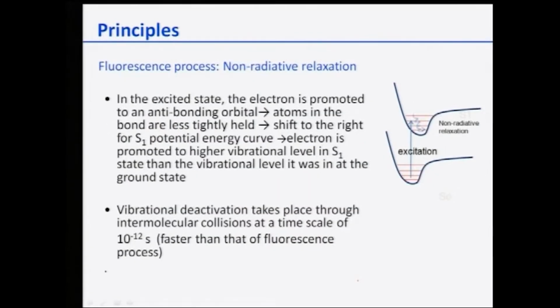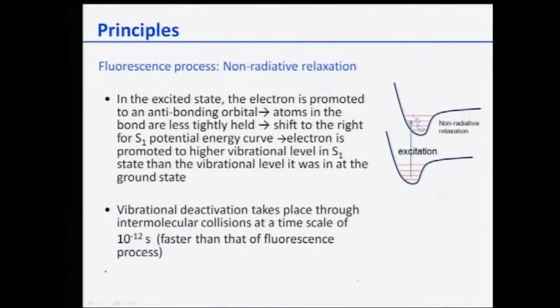You can also have something called non-radiative relaxation, that is very easily possible. So, in the excited state, an electron is promoted, or it can be promoted, to an anti-bonding orbital. Remember all these things we discussed for UV visible spectroscopy, anti-bonding orbitals, pi star or n star, bonding and anti-bonding. The probability of occupation of an anti-bonding orbital is very low for electrons. So, an excited electron can be promoted to anti-bonding orbitals, and atoms in the bonds are then less tightly held.